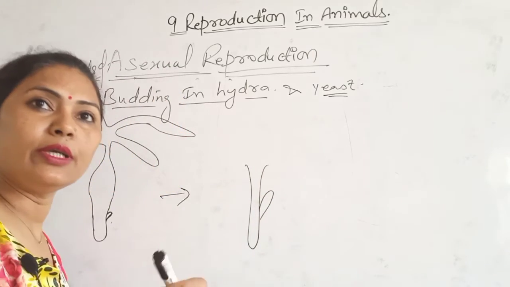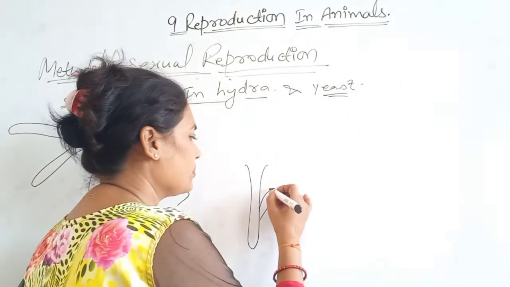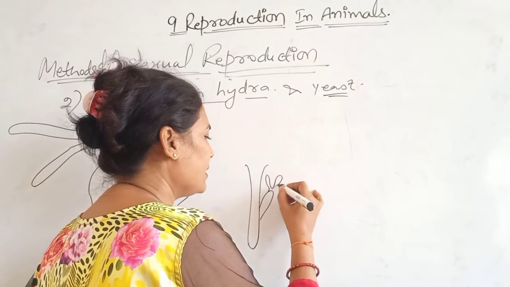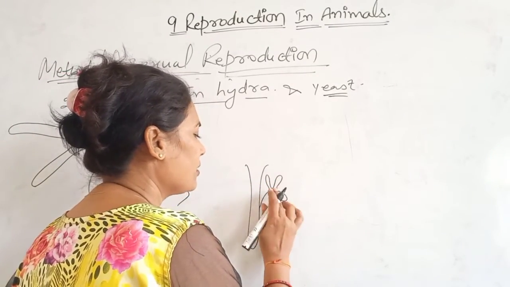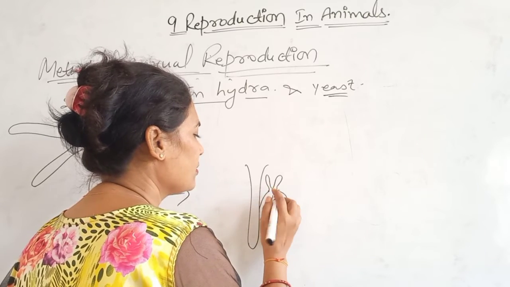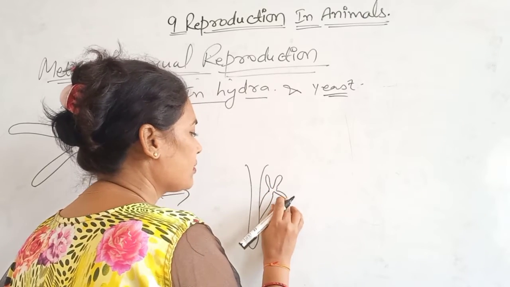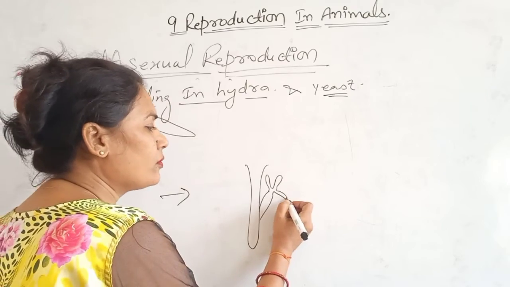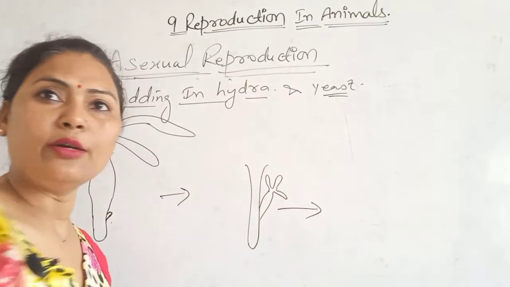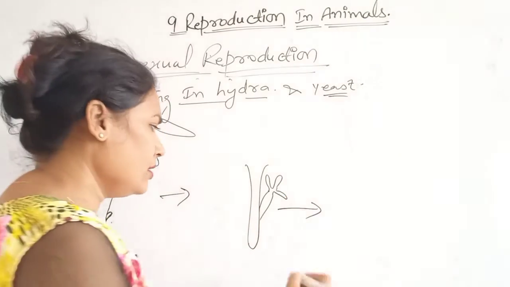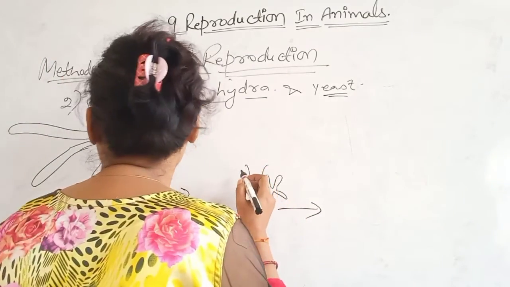Like that it grows, or some tentacles will form like that. Then it will be detached from the parent body.